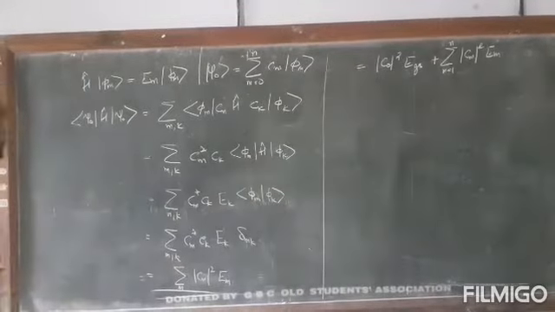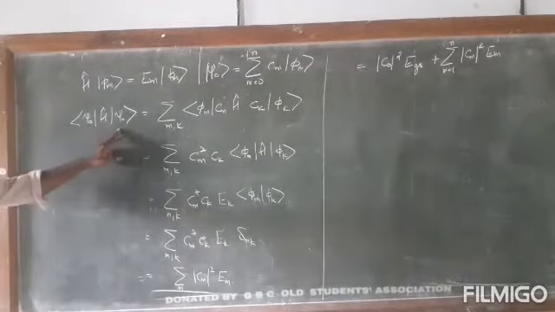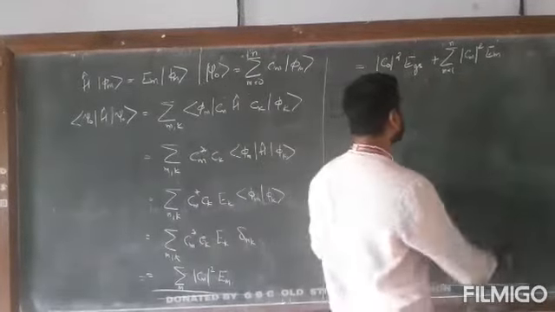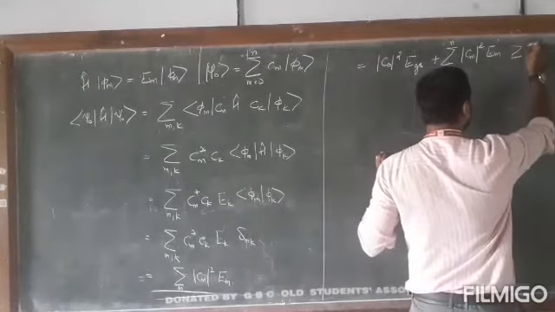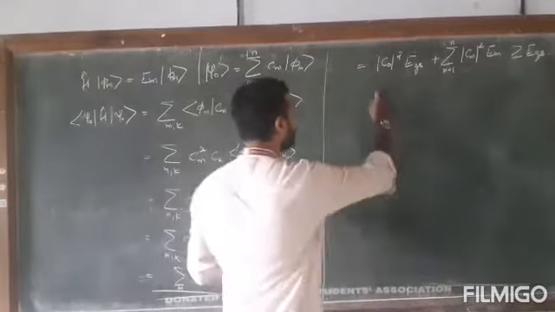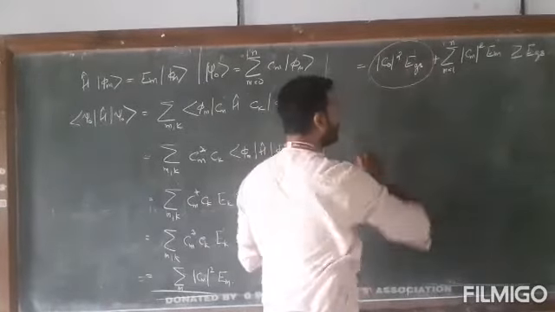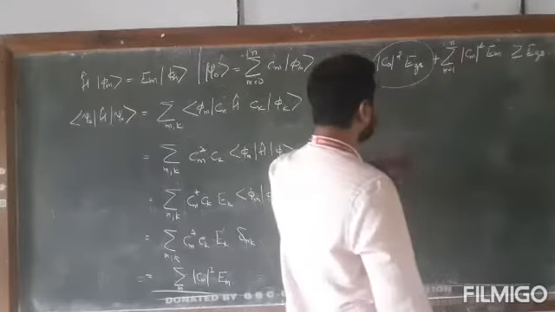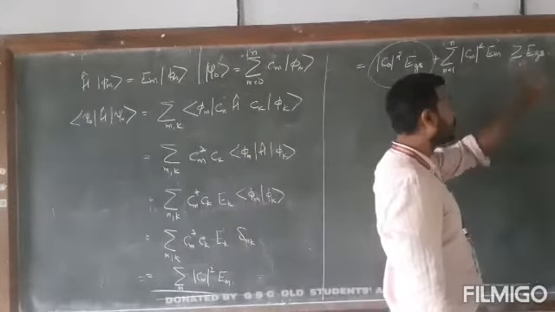And what is the left hand side? The left hand side is ⟨psi 0|H|psi 0⟩, which is this quantity. Now obviously this quantity would be greater than or equal to EGS. Okay, EGS is only this number, and we have many other terms here. So obviously this would always be greater than or equal to EGS.